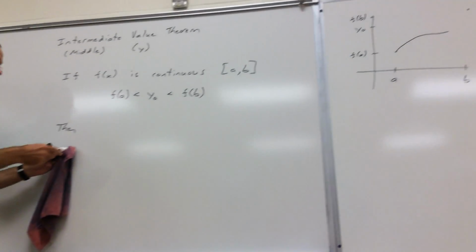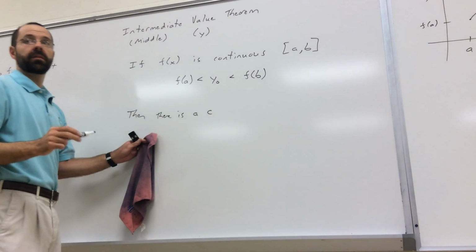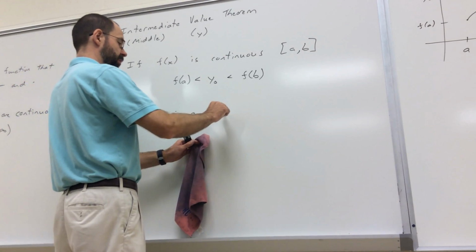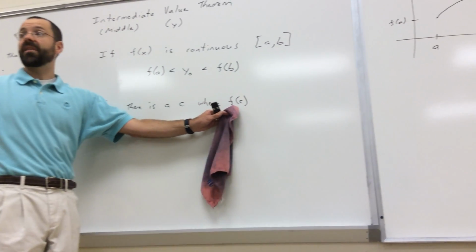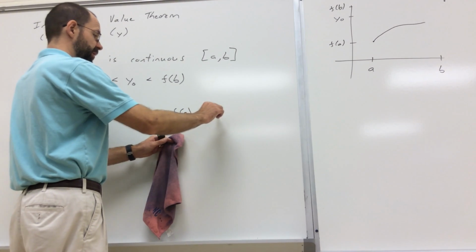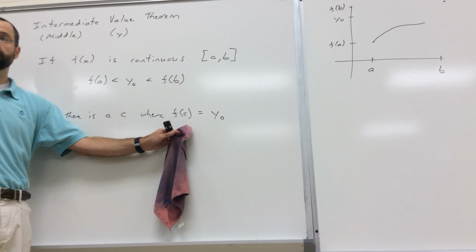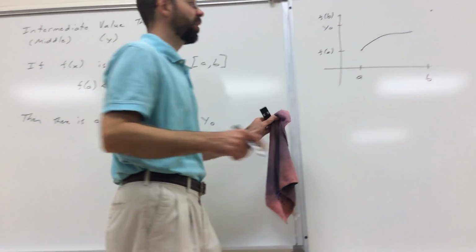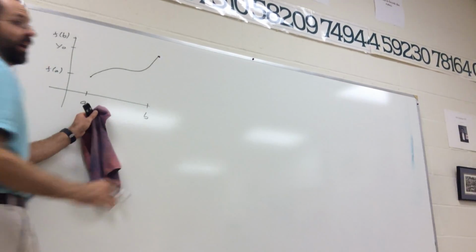So the fancy way to say that is then there is a c, that's an x value, where f of c, so that's the y value at c, equals this y value. Okay, so now I'm going to finish drawing my picture. I don't know if the picture would have to look like this, but let's say it connected like that.